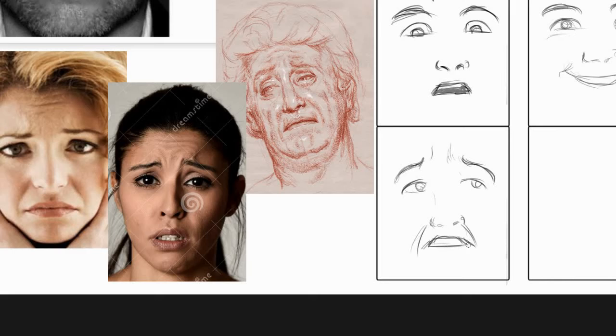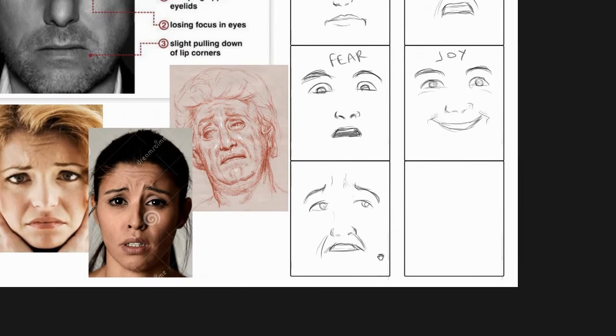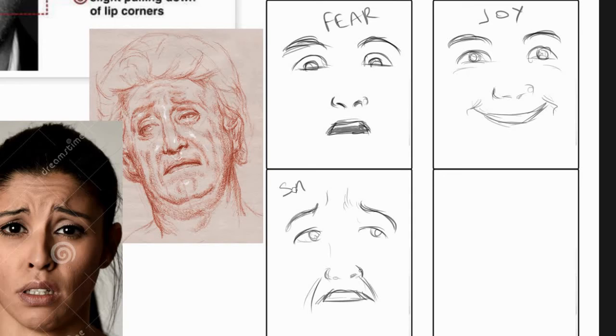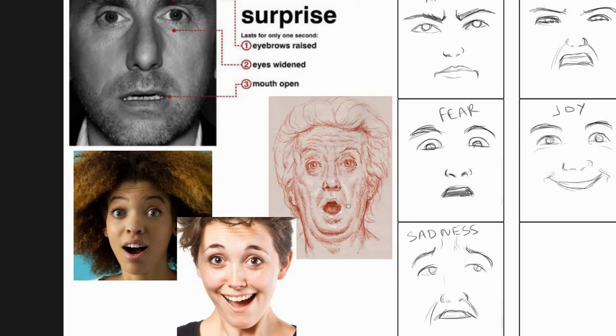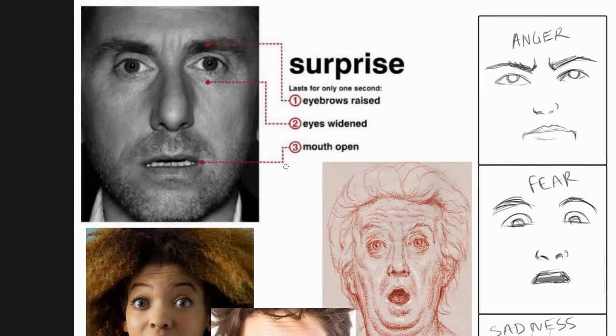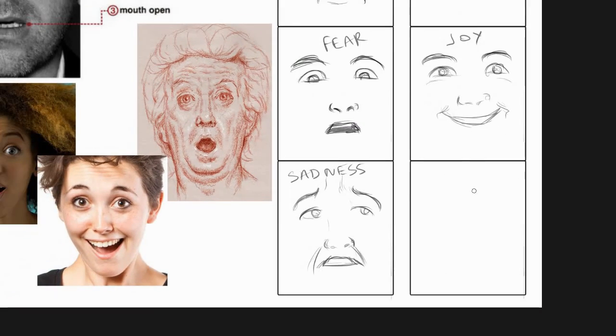And of course the mouth, because the corners of the mouth are going downward, they create this line in the lower part of the cheek muscles. And the last one is surprise. I chose these six facial expressions because they are considered the six universally recognized expressions. Of course, you can have so many different variations in these. For surprise, everything is open, right? Everything is ready to receive, because you are caught off guard.